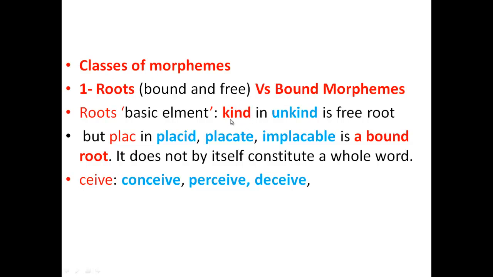Free roots form words by themselves. They can stand on their own. But bound roots are the basic elements of their words, but they don't stand on their own. For example, plac in here, and here, and here. So plac is a bound root. It does not by itself constitute a whole word.